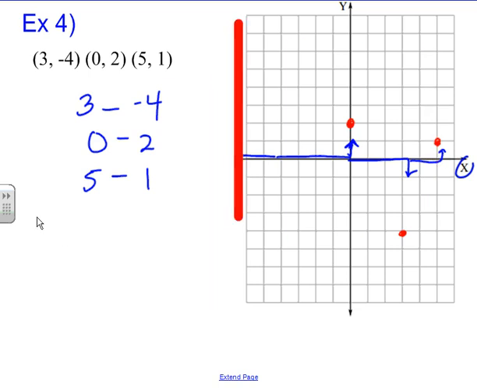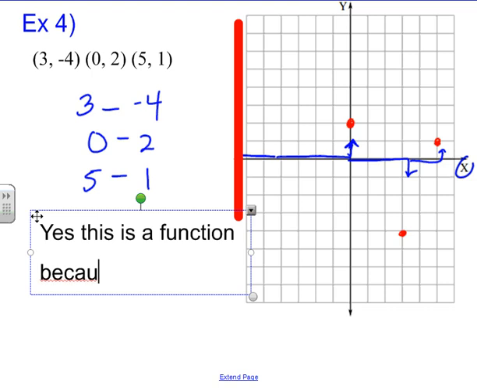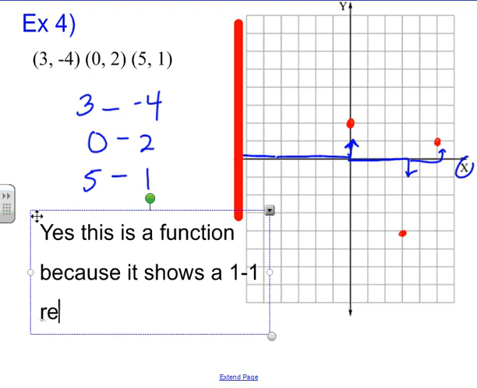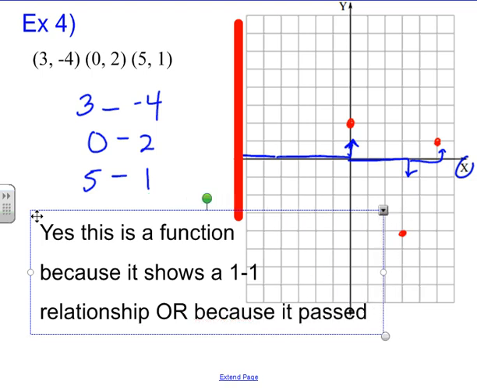So we're going to write down that yes, this is a function, because we could continue with our original reasoning, because it shows a one-to-one relationship, or because it passes the vertical line test.